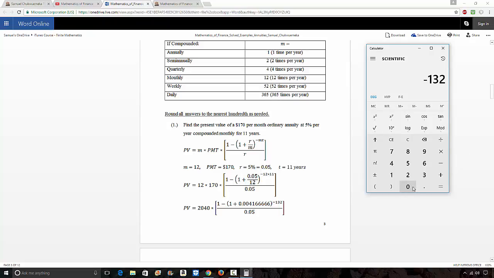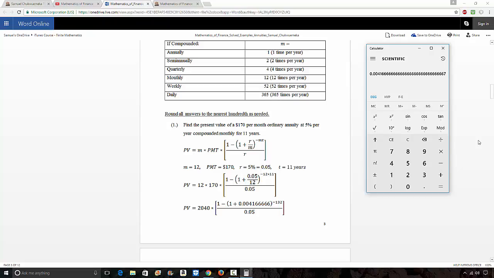Then the next thing I do is I can clear this now. I do 0.05 divided by 12 equal to. So it gave me this, and from what I have been explaining in the mathematics of finance videos, you do not round intermediate calculations. You do not do that.